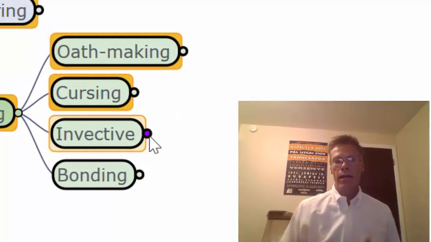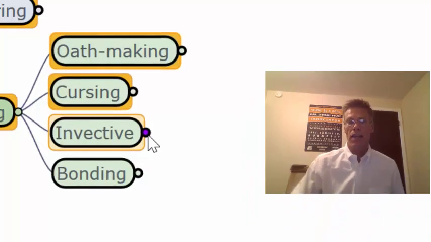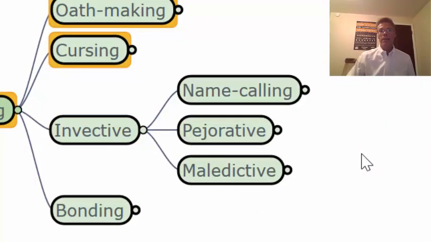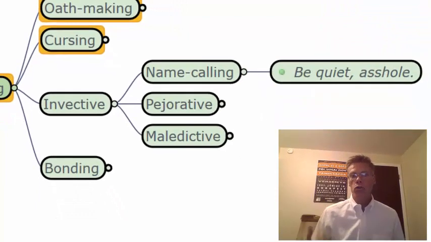Invective is where we get into the insulting uses of taboo words. So name calling, especially pejoratives or maledictives. Name calling is when we use a slur to insult a person to their face, like, be quiet, asshole, right? And so that's calling a person an asshole.